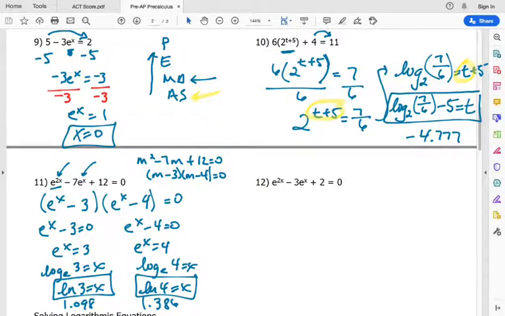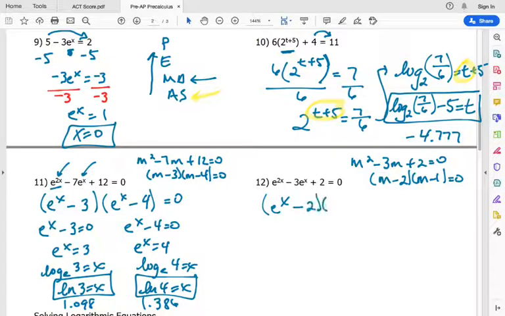Okay, we'll do number 12 the same way. Think of it as like an m squared minus 3m plus 2 equals 0. And that would factor to be m minus 2 times m minus 1. So this will be e to the x minus 2 times e to the x minus 1. Okay, so we are going to set each of those factors equal to 0.